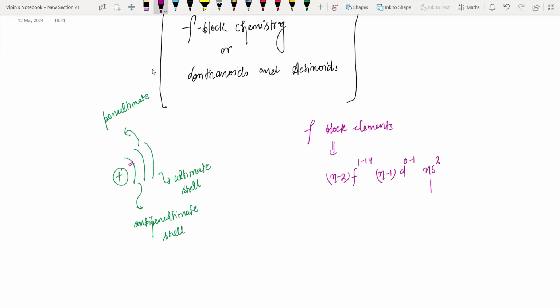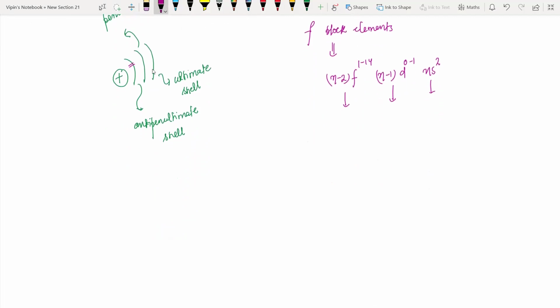So this is the ultimate shell, this is the penultimate shell, this is the anti-penultimate shell. So in any element, if an electron is going to enter into the anti-penultimate f subshell, then that element belongs to the f block. So what will be the definition?